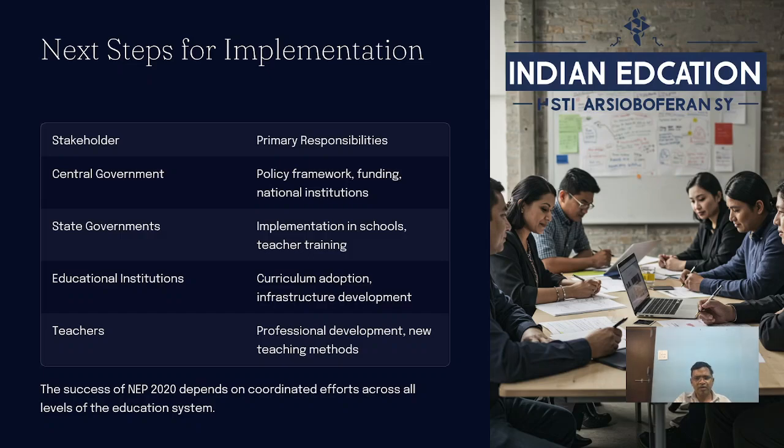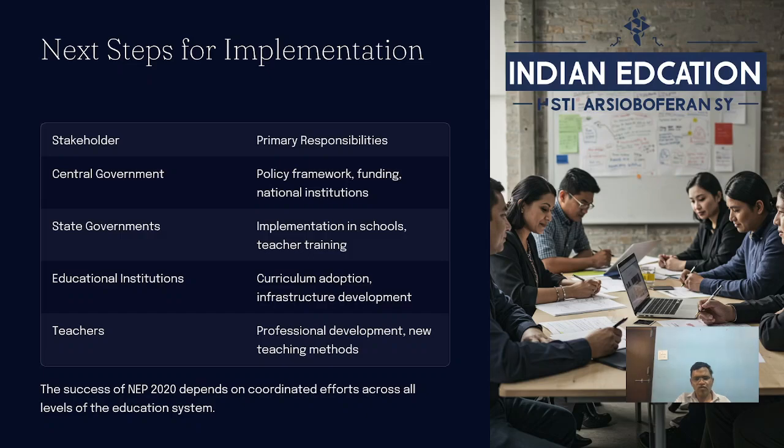The state government is going to implement at school level, as well as in teacher training like B.Ed, TET and all those things. Then education institutions have to adapt the curriculum, and make sure that the infrastructure is properly developed and placed. The teachers should be given professional development and continuous learning, then new methods will be taught by the teachers.